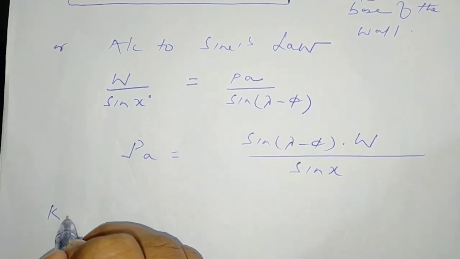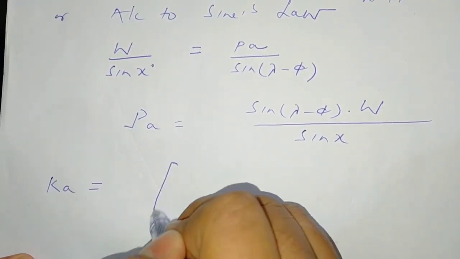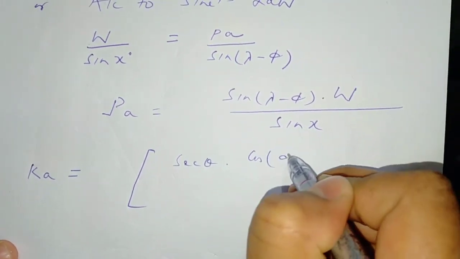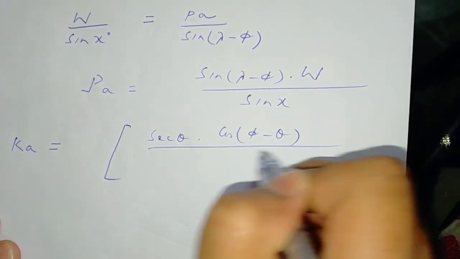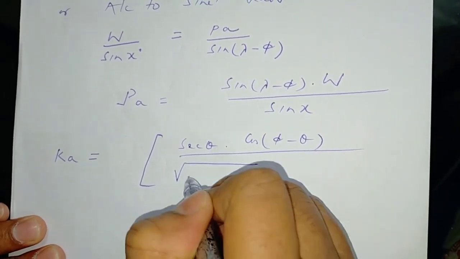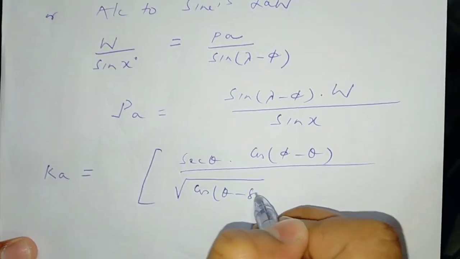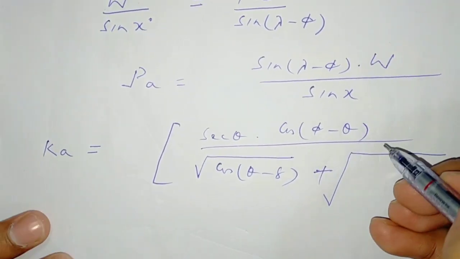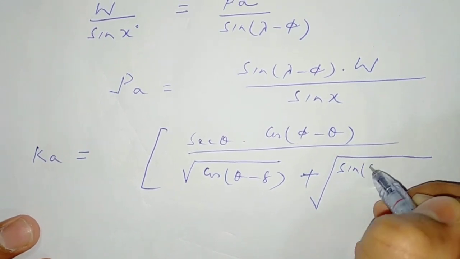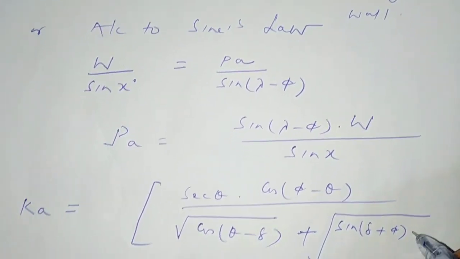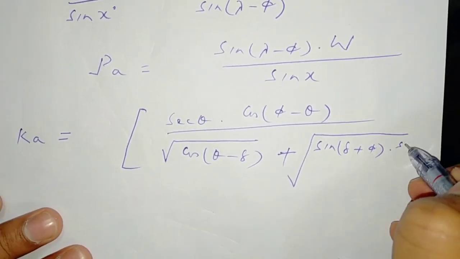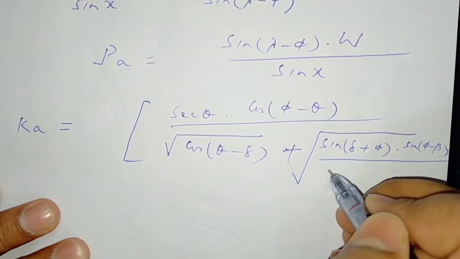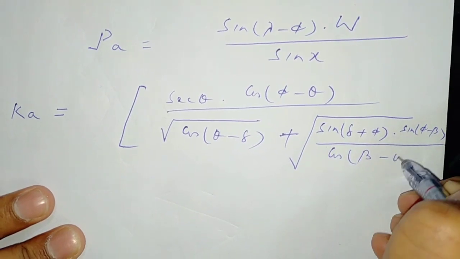Ka can be computed as sec theta into cos phi minus theta divided by square root of cos theta minus lambda plus square root of sine lambda plus phi into sine phi minus beta divided by cos beta minus theta.